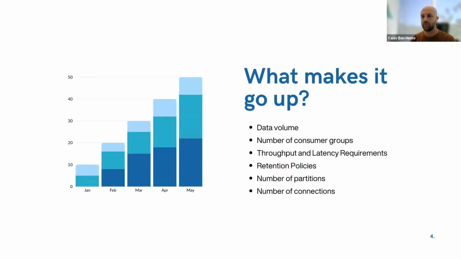What makes it go up? So we start with some baseline. It looks awesome. We get a pretty decent Kafka cluster for X amount of dollars, and we think that would probably be it. But with Kafka, in comparison to any other infrastructure component that I'm familiar with, definitely in comparison to traditional databases, it can grow exponentially quite fast.